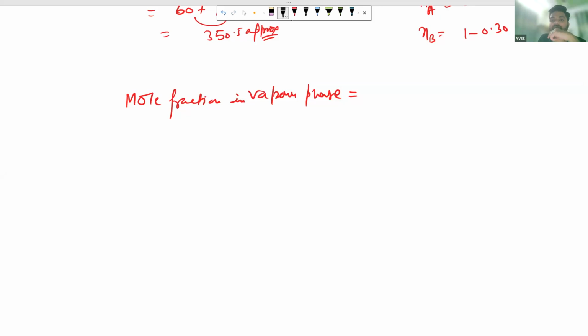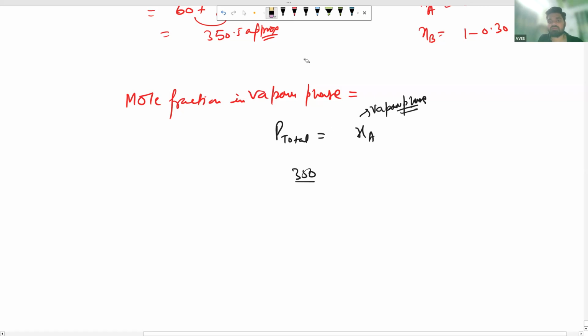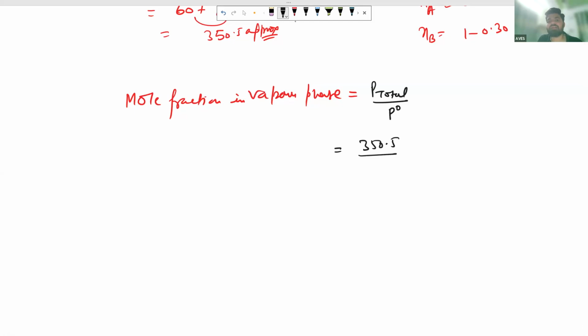You know that P total, that you get here, is equal to P naught in the vapor phase into mole fraction of A. So you divide by the P total, which is 350.50, upon P naught in the initial state, in the pure phase.